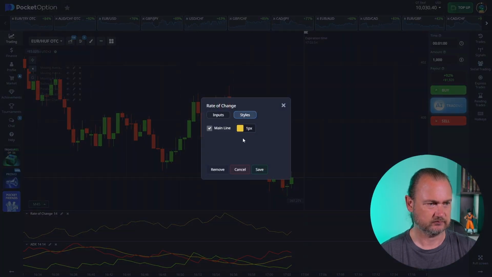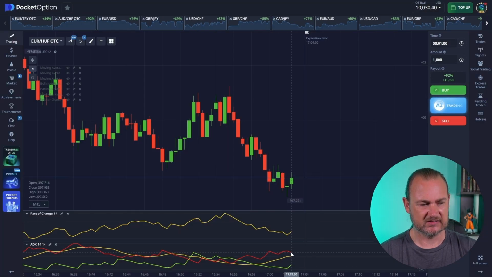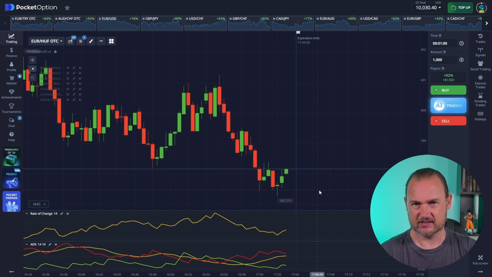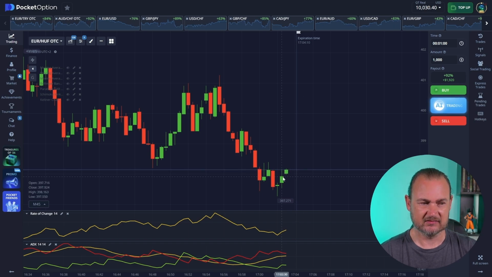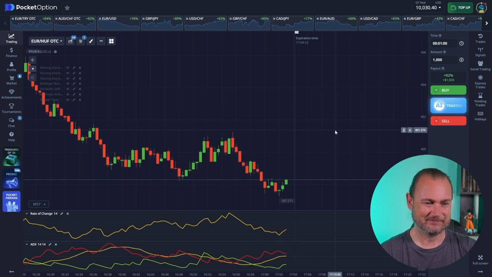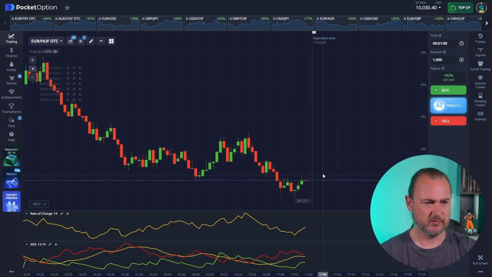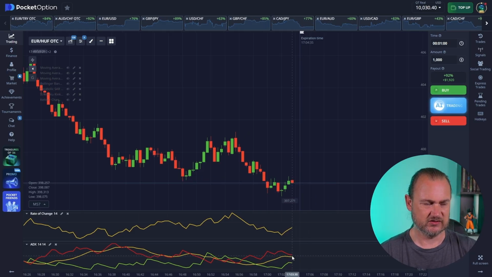We want the DI minus, which is the red line, to turn upwards, and we want the rate of change to turn down now. If it does, we can go with the sell trade. If it doesn't, we'll go to the next asset. We have 10 seconds left on this candle, but we are seeing price now making new highs. It's pushing past this level here. So this looks like we might be heading north. We could see a turn here.